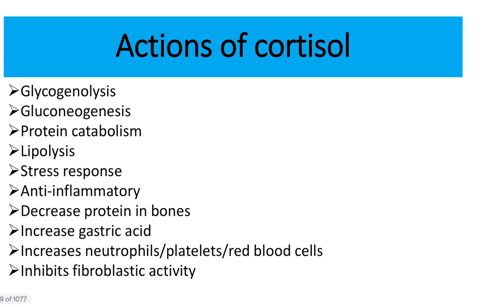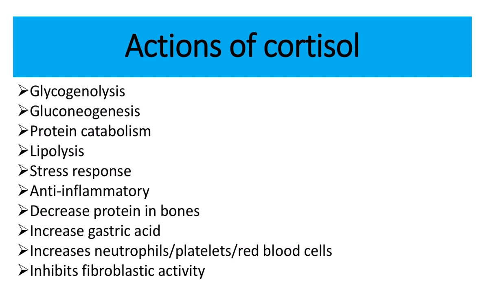Here are some actions of the cortisol. First, glycogenolysis, that means breakdown of glycogen and increase in the blood glucose level. Gluconeogenesis, that means formation of glucose from non-carbohydrate sources, so it also increases glucose.